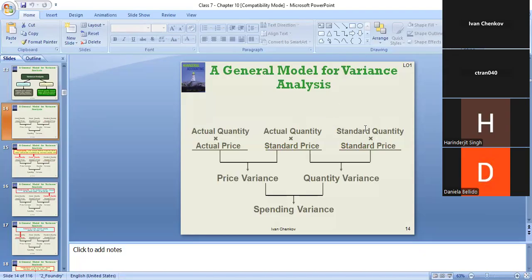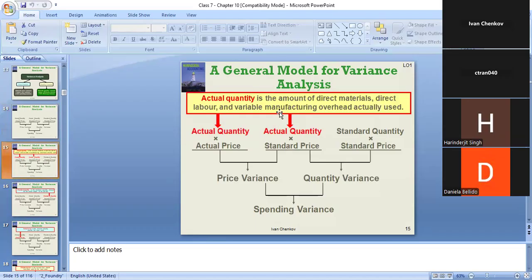Because now the right side and the middle have price in common, and that's how we're going to isolate and find the quantity variance. Then, taking the left side with the middle part, we keep the actual quantity the same, and that's how we isolate the price variance. Price variance plus quantity variance is going to give us the spending variance.